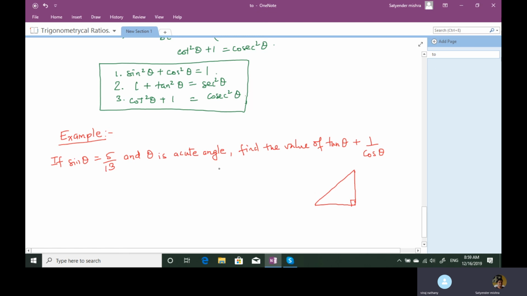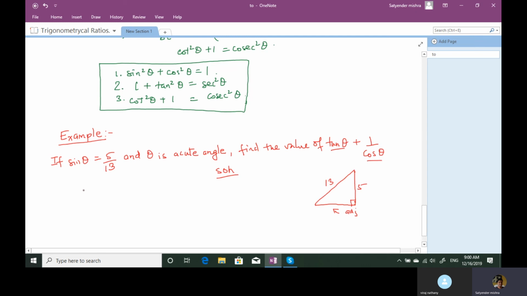So sine is the opposite by hypotenuse ratio, which is given. So opposite is 5, hypotenuse is 13. So what will be the adjacent? If you know the adjacent, you can write the rest of the ratios, the tan ratio and cos ratio, right?